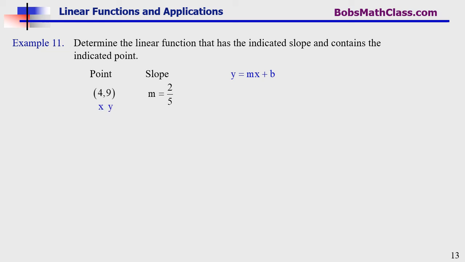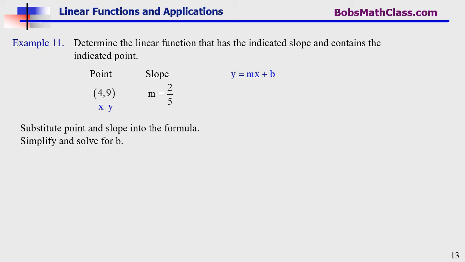All right, so let's do what we did last lesson. y equals mx plus b. The first value is x, the second value is y. So we're going to substitute those values. y is 9, m is 2/5, x is 4.